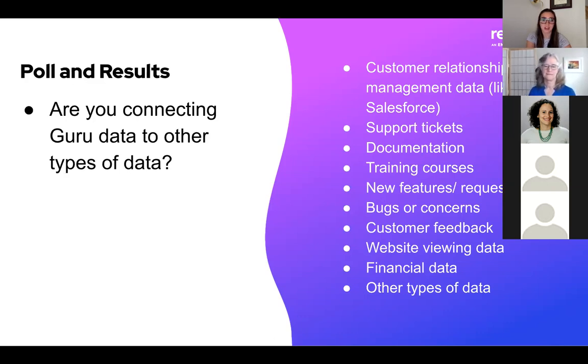Okay, so looks like we have a lot coming through for documentation and training courses, a few for support. We'll give a few more moments here for anyone else who wants to get their vote in, and you can select multiple options in this poll as well. Yep, documentation and training courses, that seems to be pretty common.